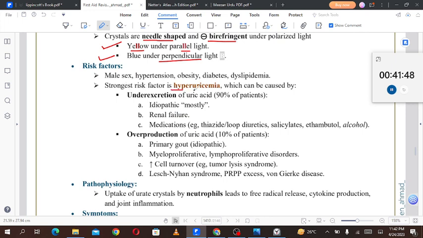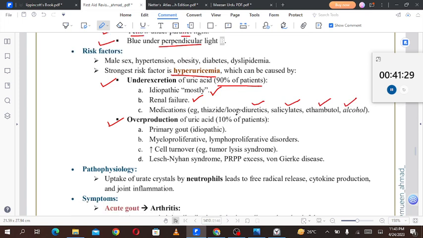The strongest risk factor is hyperuricemia, which can be caused by underexcretion or overproduction. Underexcretion of uric acid, seen in 90% of patients, is mostly idiopathic, or due to renal failure or medications, for example thiazide or loop diuretics, salicylates, ethambutol, and alcohol.